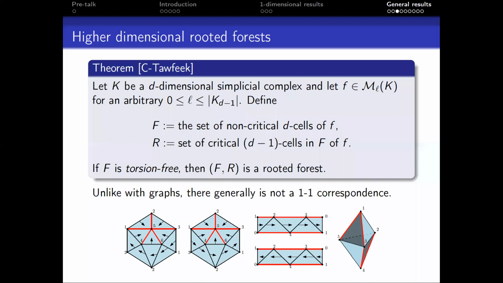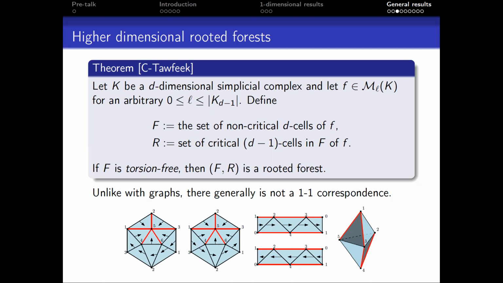That's basically the problem with, for example, non-orientable manifolds and this kind of triangulation. They don't give us the right form, so we couldn't use the theorem because of the torsion.